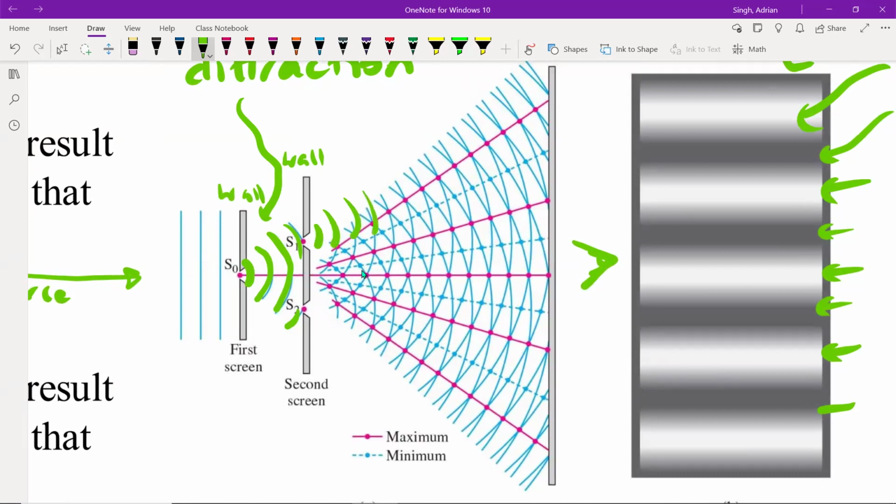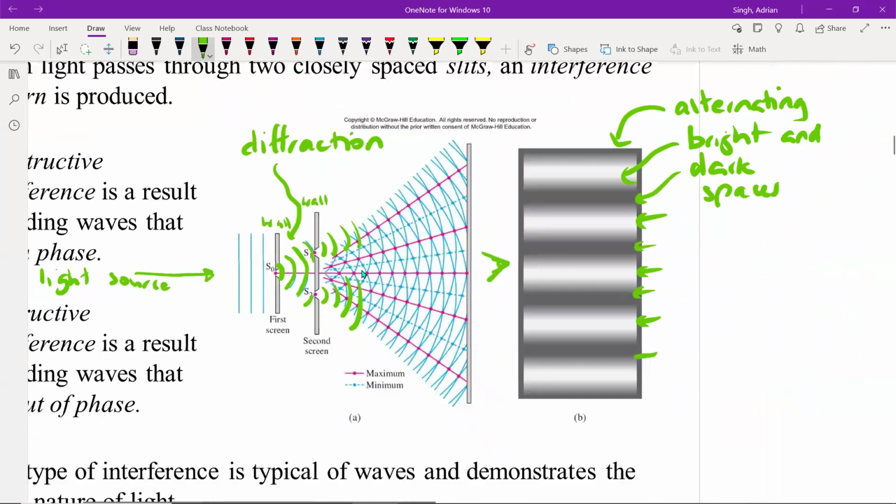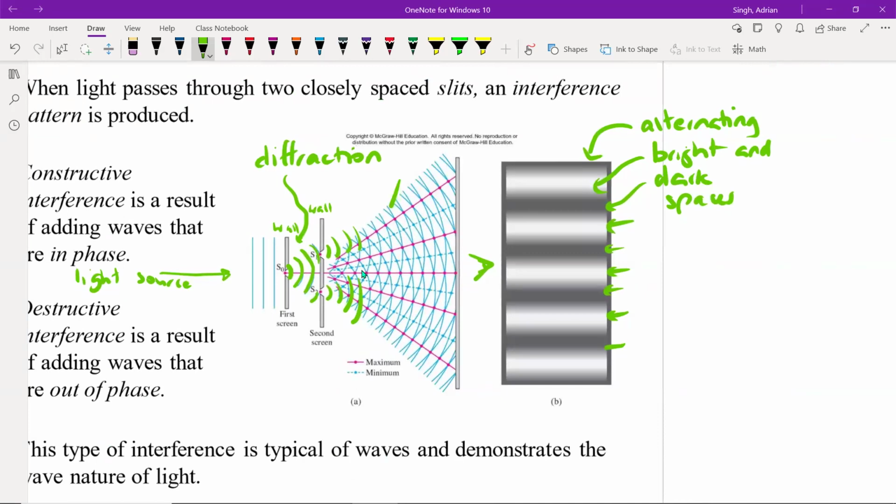And then over here in the second slit, they diffract as well. And what happens is when these two diffracted waves now, they can interact with each other. So we have our diffracted waves on this side, and they can interact. And the term that we give to that is interfere with each other.